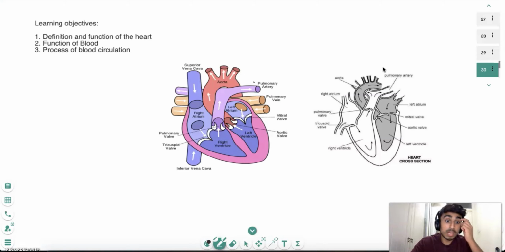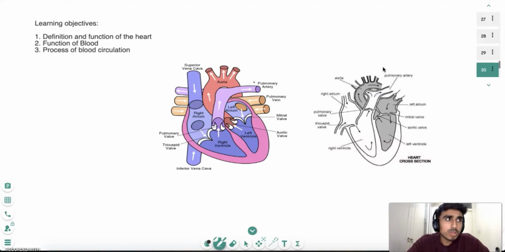And by learning the definition of the heart, we've already covered the function of the heart. So you now know that the function of the heart is to pump blood all around the body. In order to understand why the heart is important, we need to understand the function of blood. I've just told you that the function of the heart is to pump blood around the body.